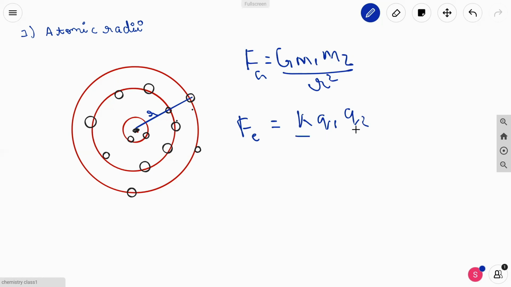This is just a revision of last year's physics concepts, but we'll be using it here.